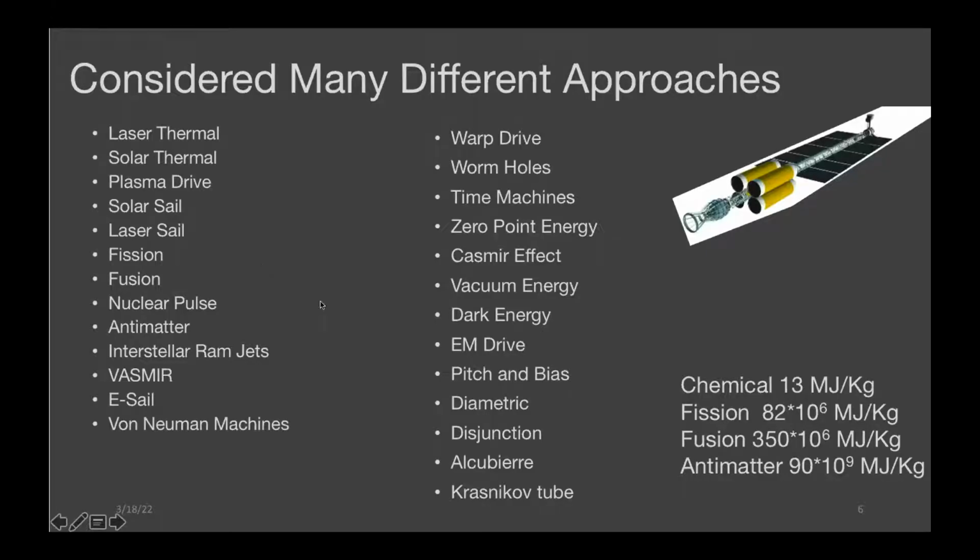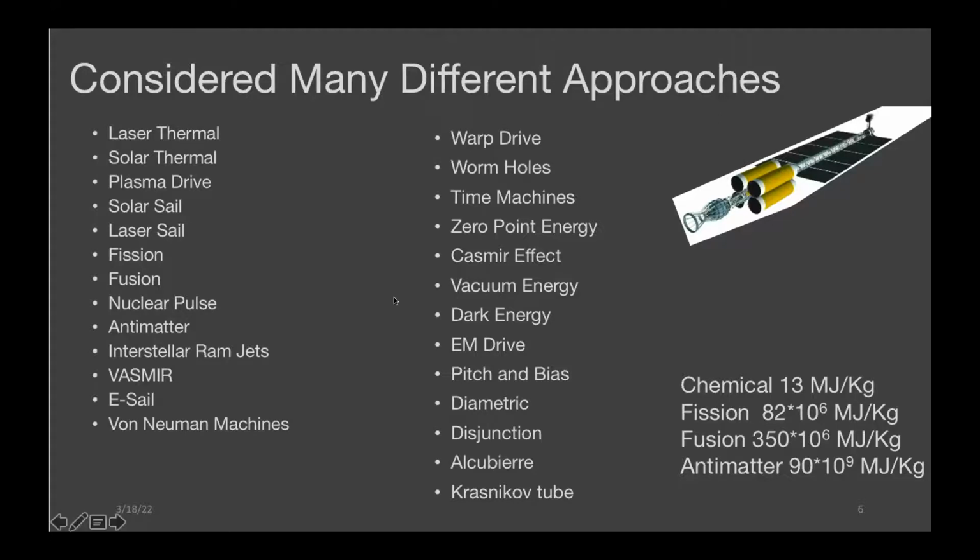In the beginning, there were a lot of different approaches. The main question being asked was, how do you do the propulsion? I'm not going to talk a lot about that, but there were a lot of different options considered, and there are a lot of fun people working on some of these more out-there ideas.